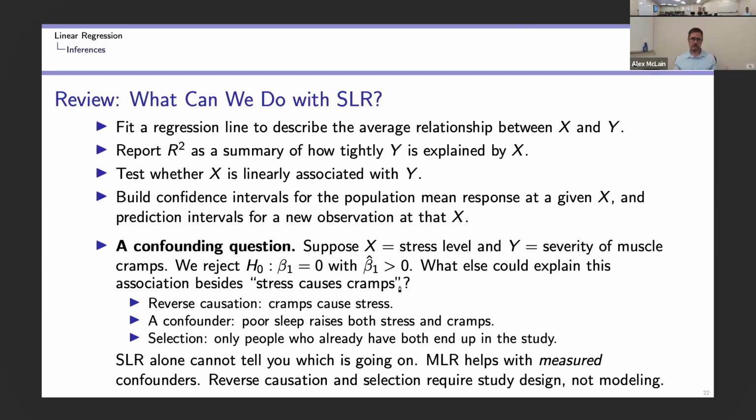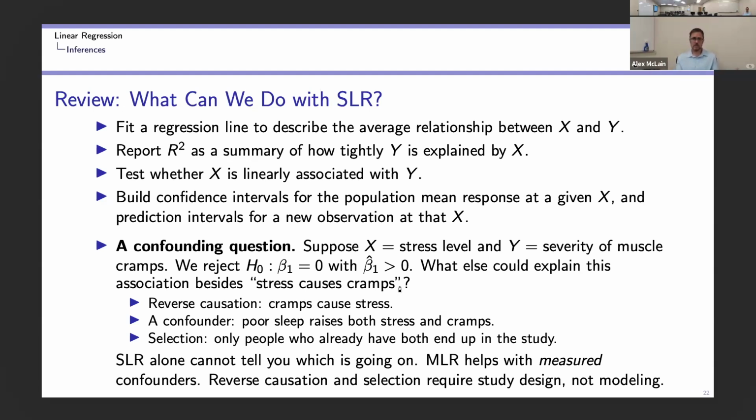Confounding is something that's very important when we want to make causal statements. Let's suppose we're doing a model between stress level and the severity of muscle cramps. We do this, we reject H0, we see that there's an association between stress level and the severity of muscle cramps. What else could explain the association between these two variables? Well, first off, it could be reverse causality: it's not actually stress level impacting muscle cramps, it's muscle cramps causing stress.